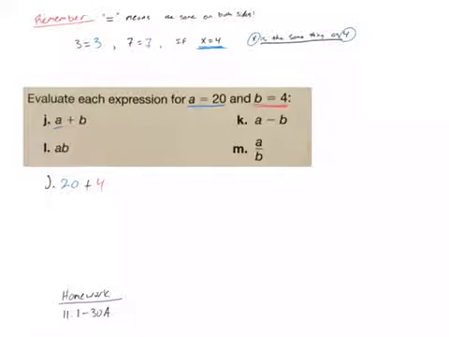So I'm saying 20 plus 4, which is going to give me 24. Moving to k, it says a minus b. Remember, a is 20, and then b is 4. So 20 minus 4 is going to give me 16.